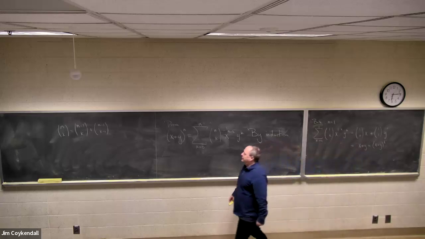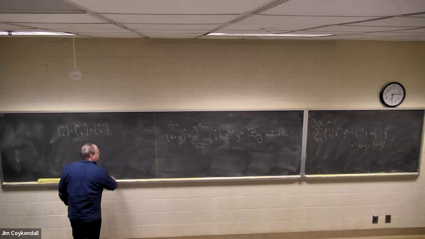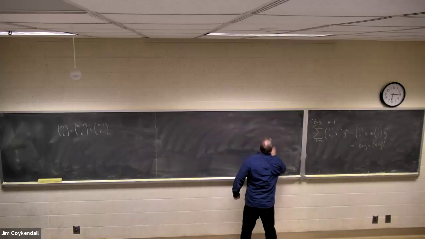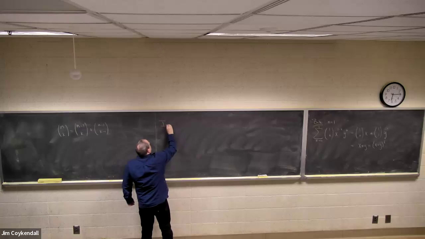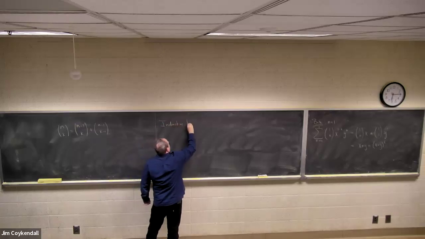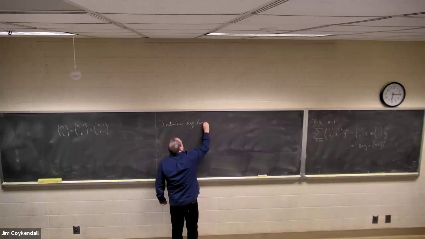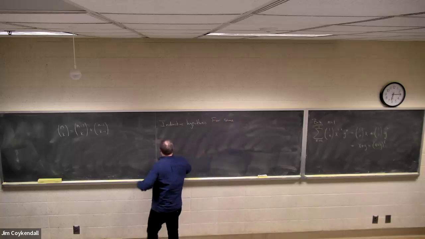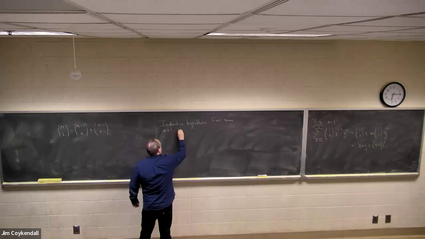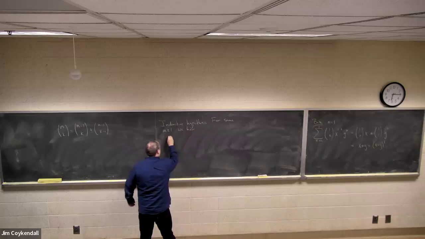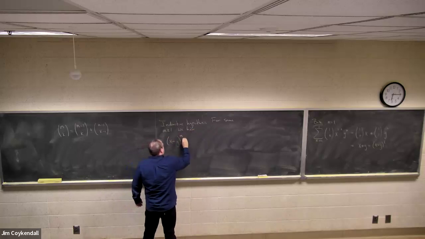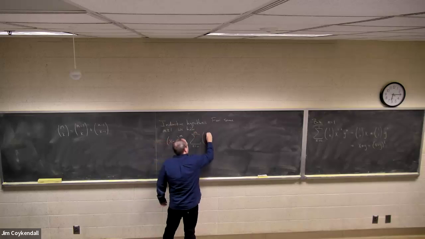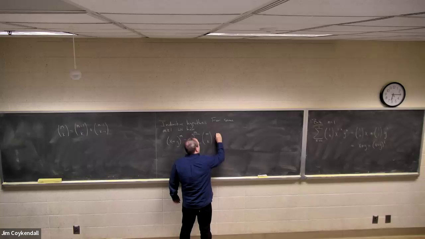Now, our inductive hypothesis. So this inductive hypothesis: for some m greater than or equal to 1, we have (x plus y)^m equals the sum over k of m choose k, x to the m minus k, y to the k.